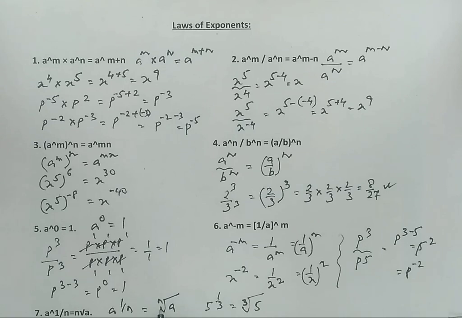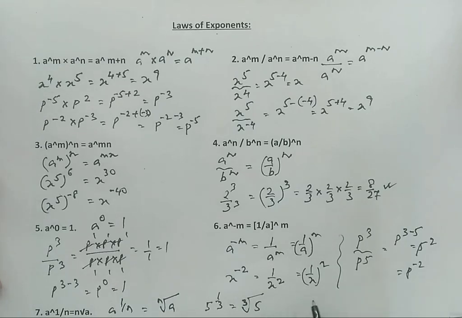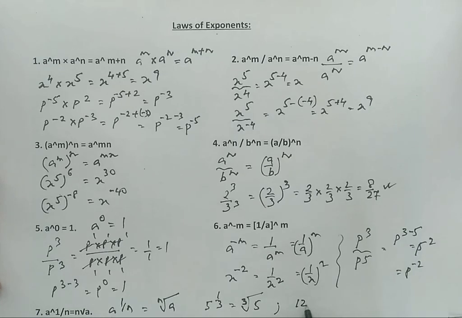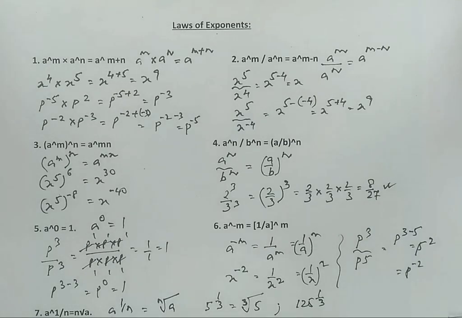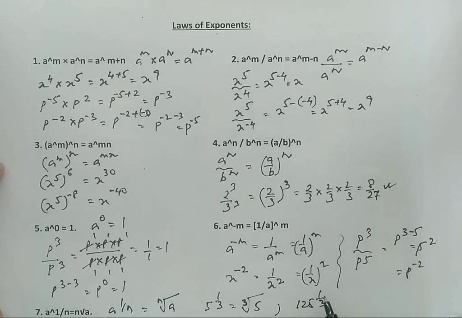So basically what I'm trying to say is that your n will be deciding which root it is. Understood? For example, if it is 1 by 3, like 1 by n, this will tell you which root it is. If I were to elaborate this, supposing you had another question, say 125 having a cube root, you call it a power of 1/3.